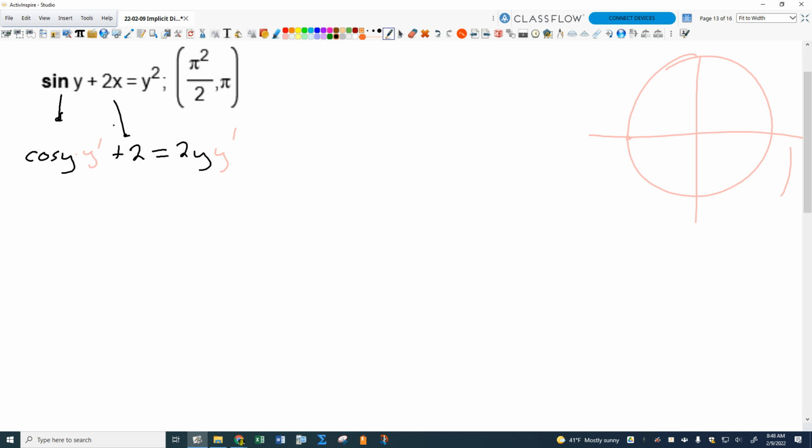So we're getting negative y prime plus 2 equals, plugging in pi for y, 2 pi y prime. So probably just push the y prime term to the right and then factor out a y prime and solve for it. Everybody agree?